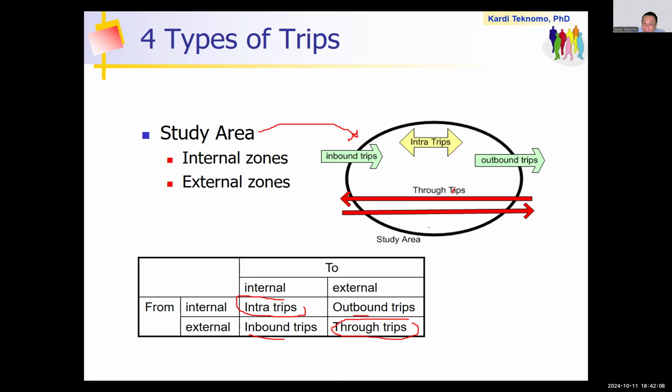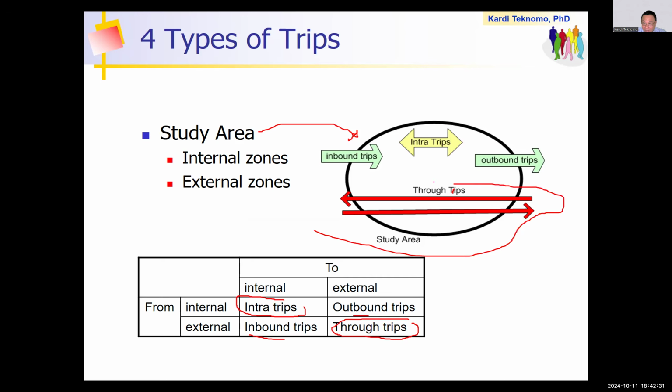So why is this important? For example, in a city, if the trips just want to pass from one city to another city, and your study area is one city, these are the through trips.